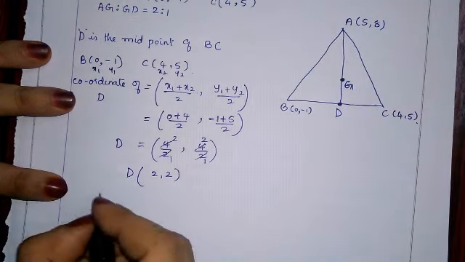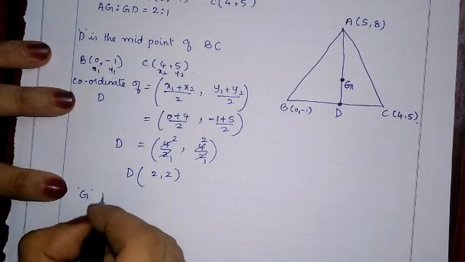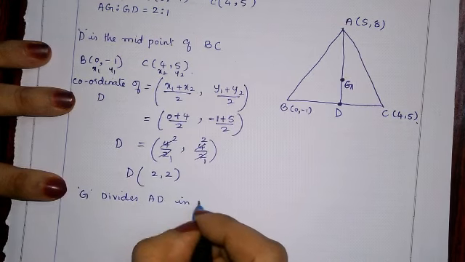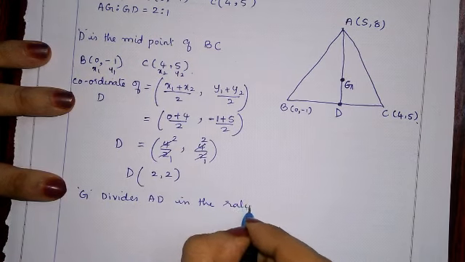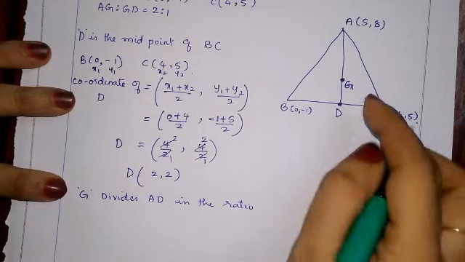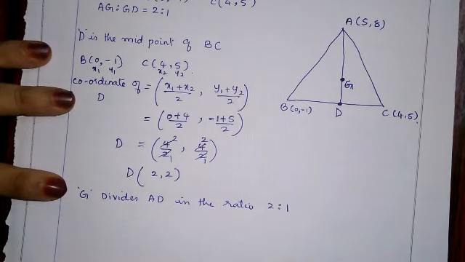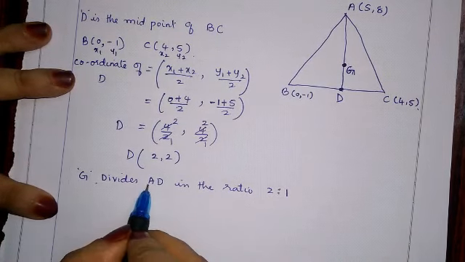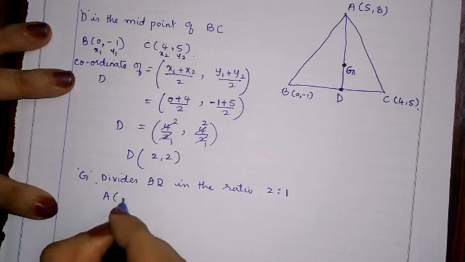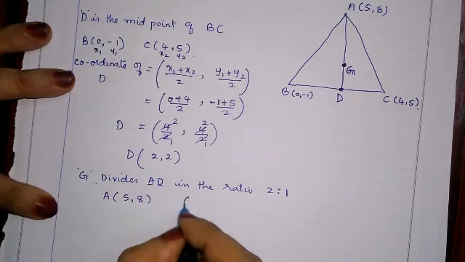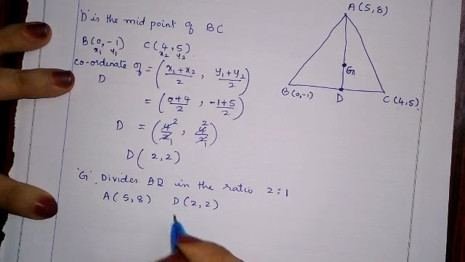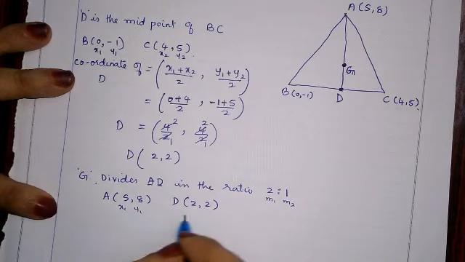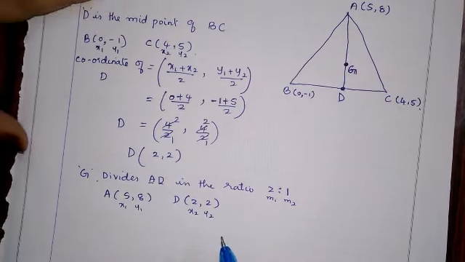Now AD is a median. We will write G divides AD in the ratio 2:1. Here the ratio is given. A point is (5, 8) and D point is (2, 2). So we have m1, m2, x1, y1, x2, y2.